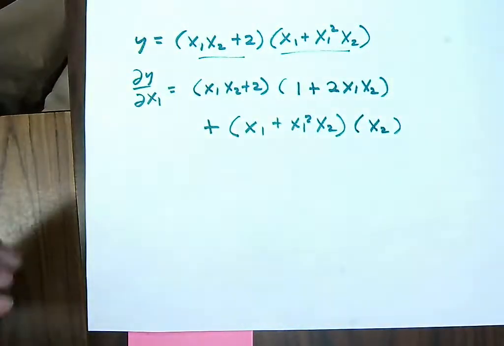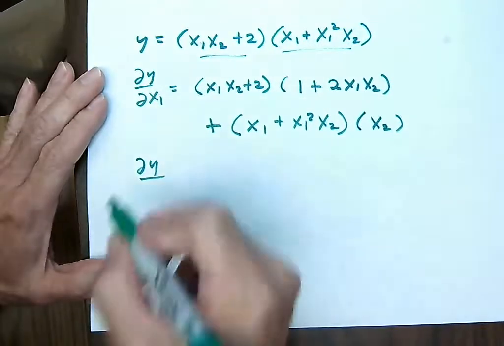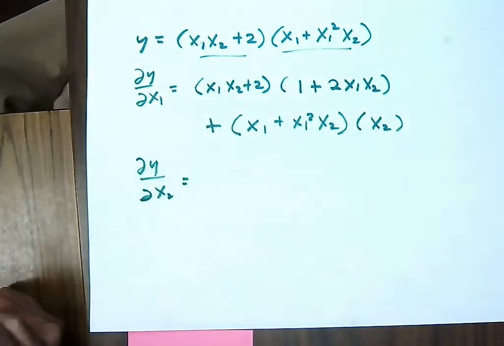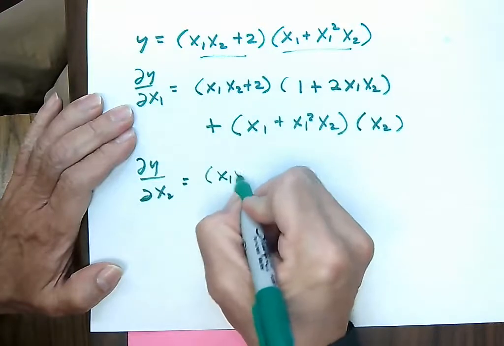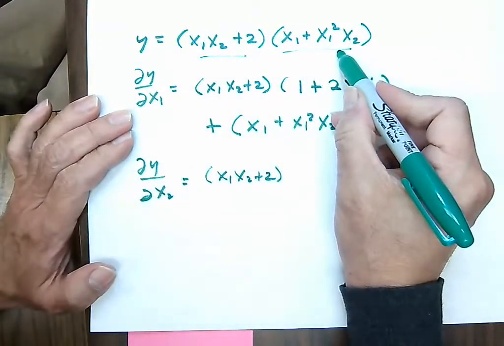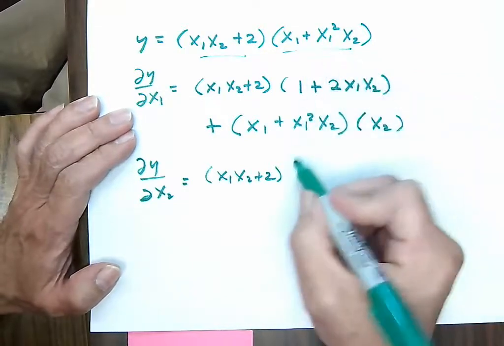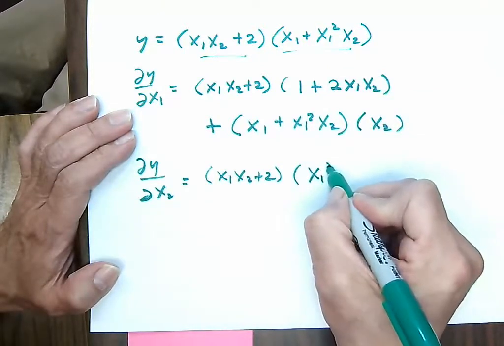Now we have to find the partial of y with respect to our next independent variable, which is x2. And again, we have to use the product rule to do it. So we rewrite the first times the partial derivative of the second, now with respect to x2. So it's going to be 0 plus the coefficient of x2, which is just x1 squared.